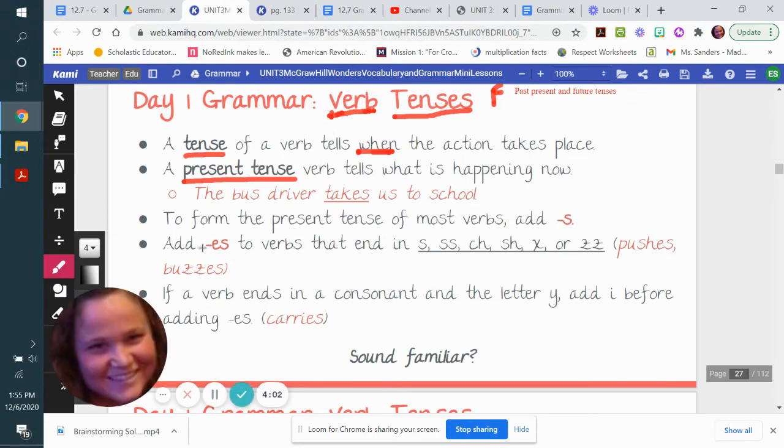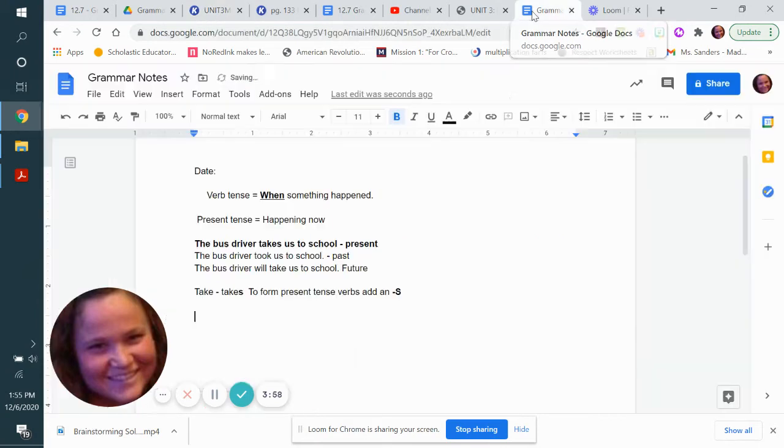So, of course, because this is the English language, we will have some exceptions to that. Any verb that ends in S, SS, SH, CH, X, or ZZ, instead of just adding an S, you have to add an ES. So we need to make that an example in our notes. Words that end in, I totally forgot what they are now.